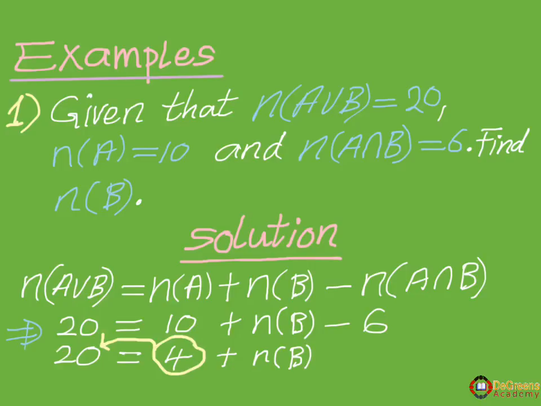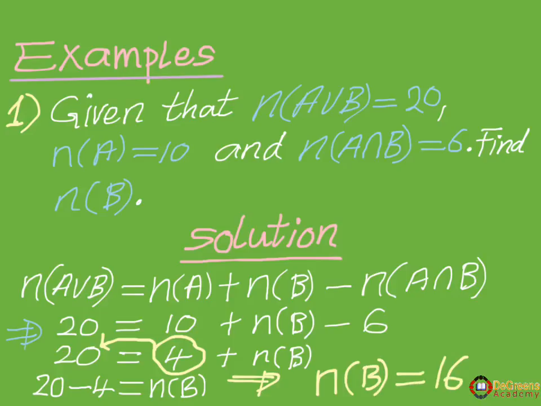Writing 4 to the left hand side of the equation, we change the sign to negative. So that will give 20 minus 4 is equal to the cardinal number of B, which implies that the cardinal number of B is equal to 16, since 20 minus 4 gives 16. So we have found our cardinal number of B.